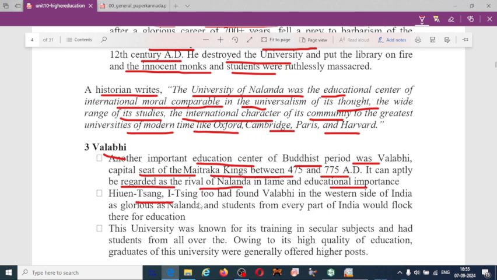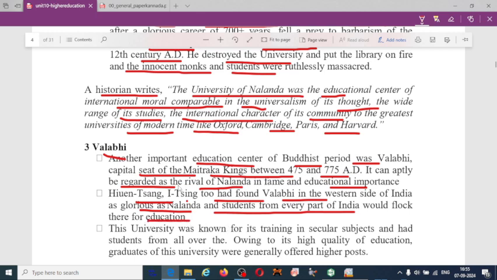Hiuen Tsang too had found Vallabhi in the western side of India as glorious as Nalanda, and students from every part of India would flock there for education.